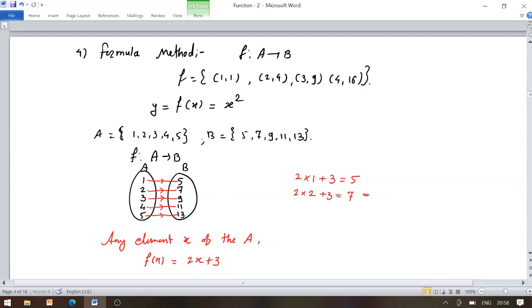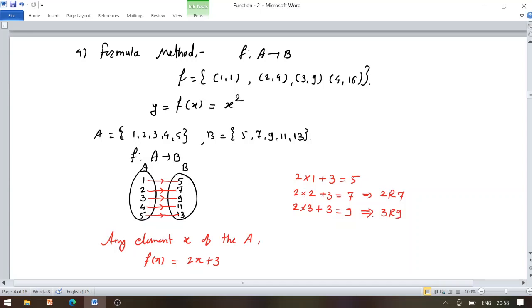That implies 2 is associated with 7. Same thing, 2 into the third element of set A, which is 3, plus 3, 6 plus 3 becomes 9. So that implies 3 is related to 9, or 3 is associated with 9.